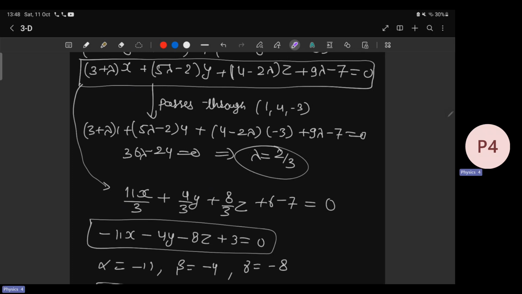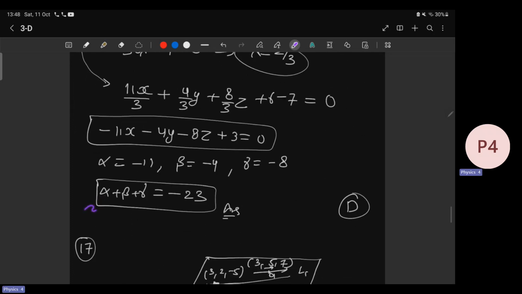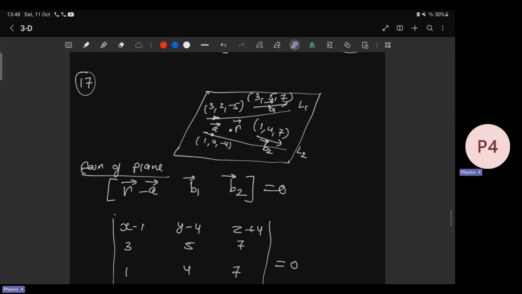If we write this equation in the form of alpha x plus beta y plus gamma z plus 3 equal to 0, we can compare: alpha equals minus 1, beta equals minus 4, gamma equals minus 8. And they are asking us to find the value of alpha plus beta plus gamma, that is equal to minus 23. Now we move on to the next question, that is question number 17.